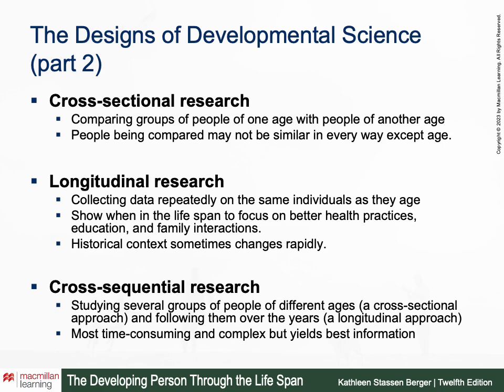This is the most time-consuming and complex, as you can imagine, combining both of those types of research, but it does yield the best information, which you can also understand because you're getting a really great sampling, and then you're also being able to follow that sample over a time span of years.